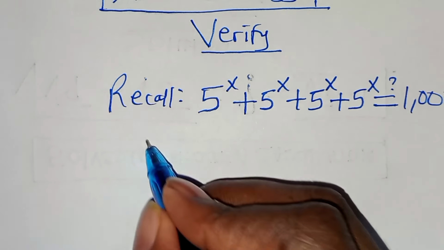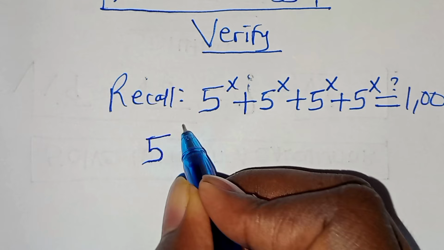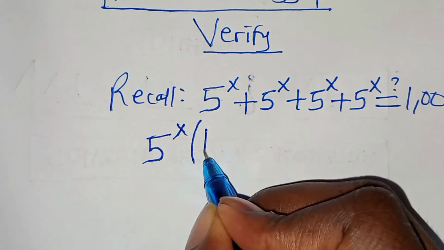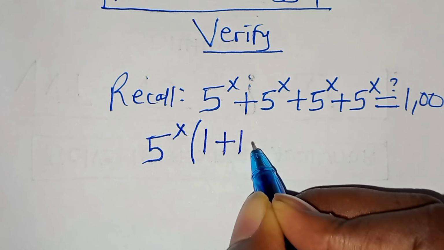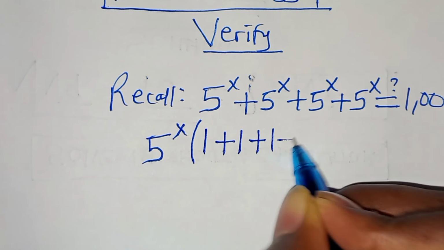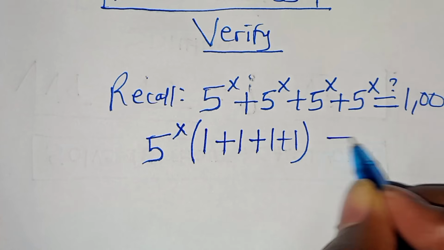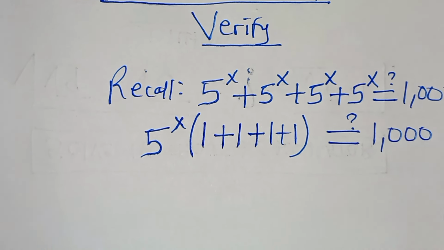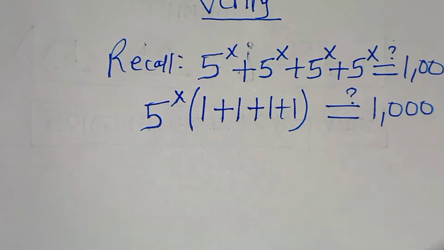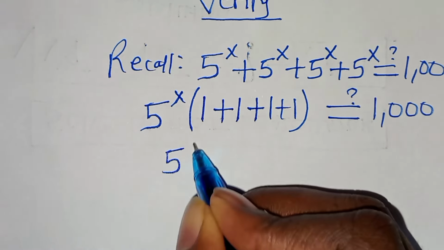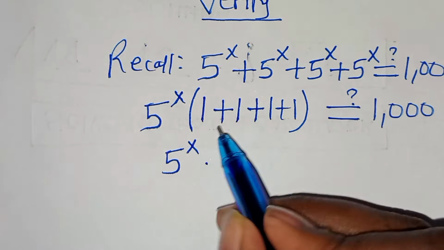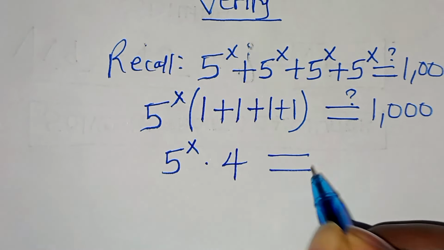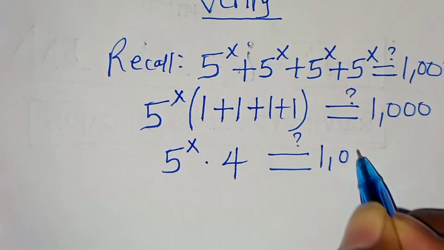Now, since 5 to the power of x is common, we factor out 5 to the power of x, so that in the parentheses we have 1 plus 1 plus 1 plus 1. This should give us a value of 1000. So here we have 5 to the power of x multiplying by 1 plus 1 plus 1 plus 1, this is 4. This is supposed to give us a value of 1000.